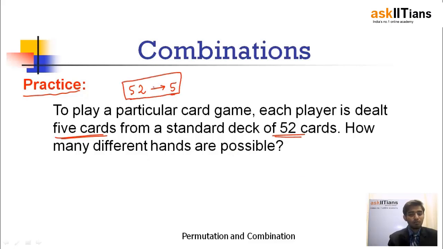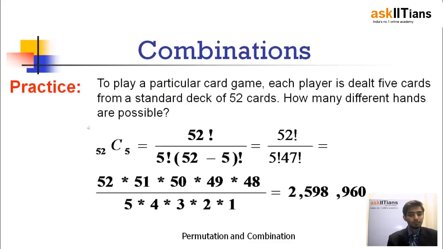So the total possible number of ways can be found by using the formula of combinations, that is 52C5, which will be equal to 52 factorial divided by 5 factorial times (52 minus 5) factorial, which again is equal to 52 factorial by 5 factorial 47 factorial, and the value of this again you can find out.